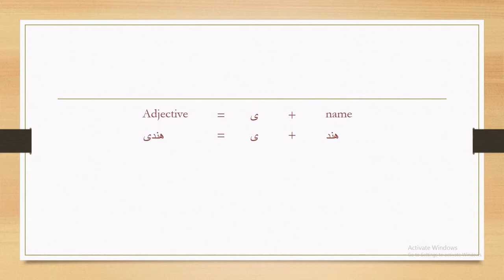Hindi is an adjective that, if we place it near the noun, means that noun comes from India. So when we add ye to a name, we have an adjective that, when we place it near the noun, tells us where that noun comes from, or what it is made of.